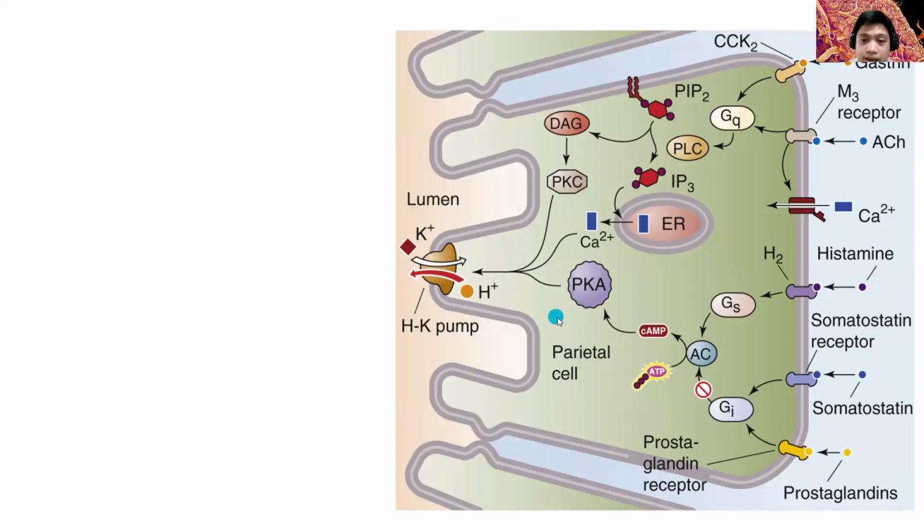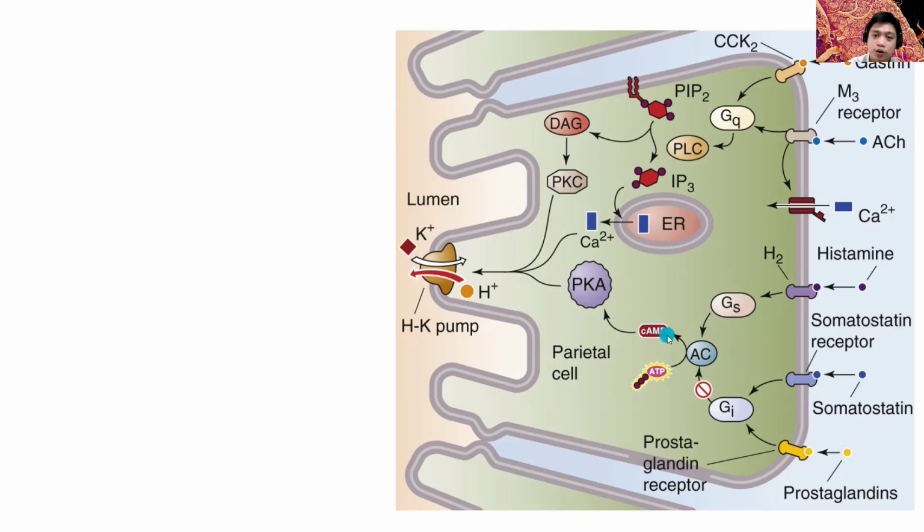That same thing happens through histamine, but here you use a different mechanism. This histamine will activate intracellular metabolism so that at the end of the day, you have lots of cyclic adenosine monophosphate.